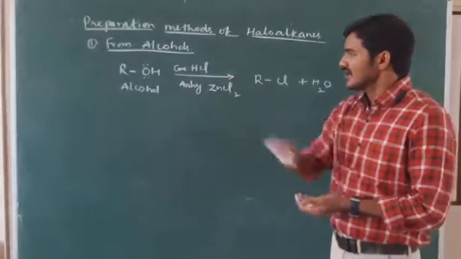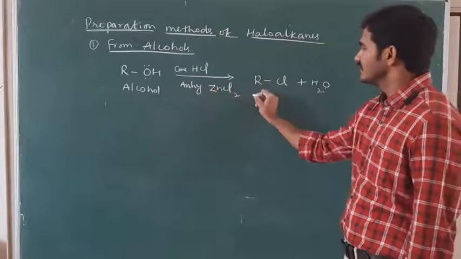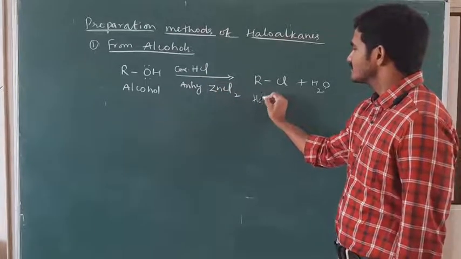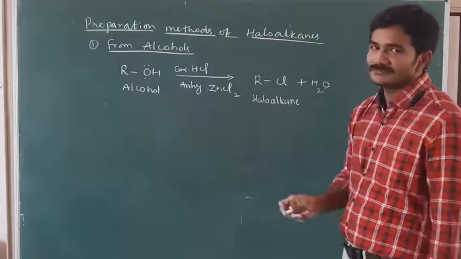Alcohols react with concentrated HCl plus anhydrous ZnCl2 to form the haloalkanes. Here I have written the chloroalkane, a haloalkane.